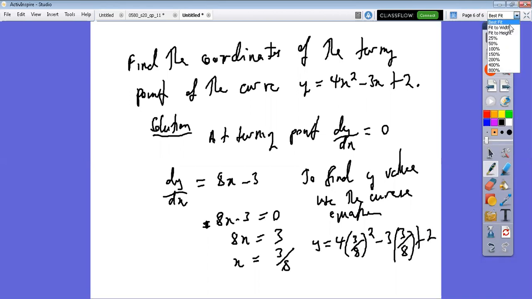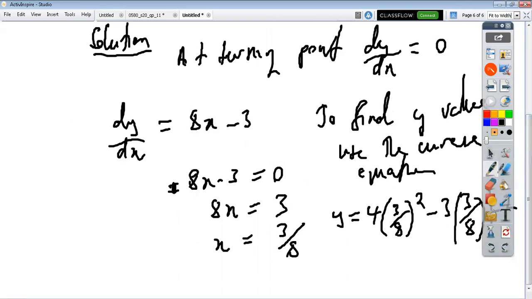Let's solve that together quickly, or you can use your calculator. 4 multiplied by 3 squared is 9, divided by 8 squared is 64, minus 3 times 3 is 9 over 8, plus 2. Then use your calculators, the a over b button, and find what fraction you get so that we write the coordinates.